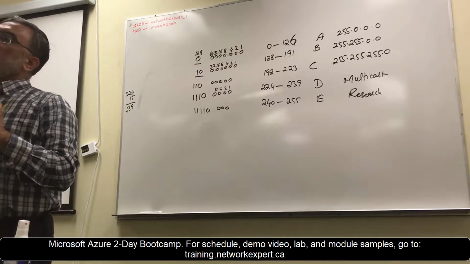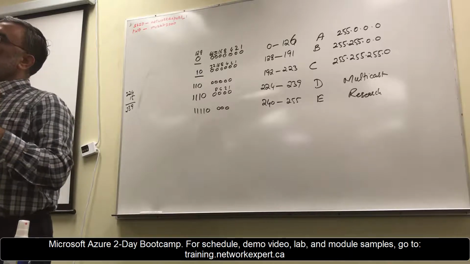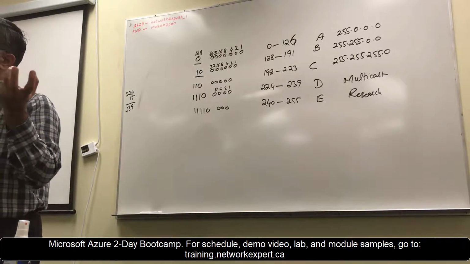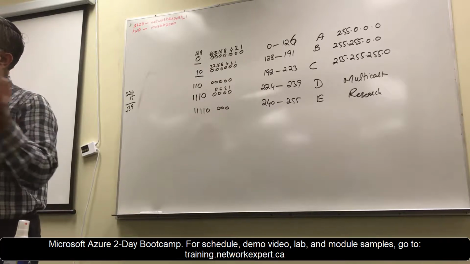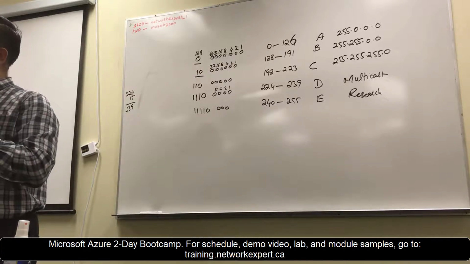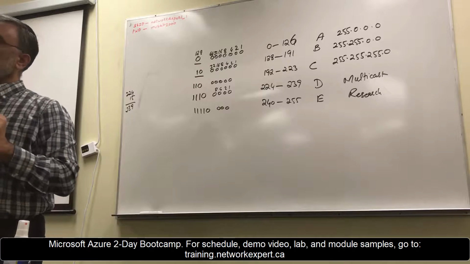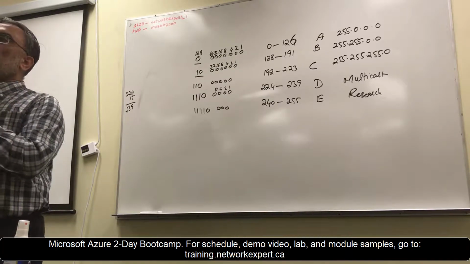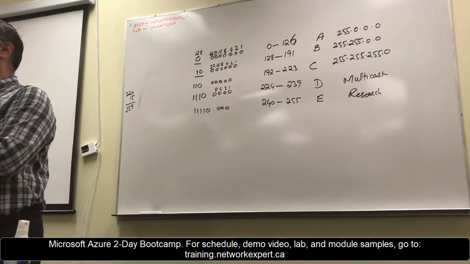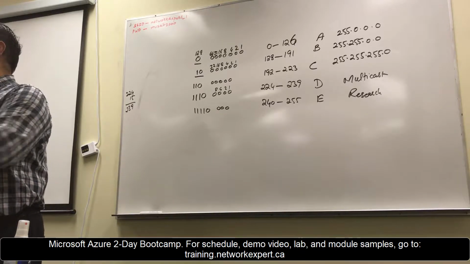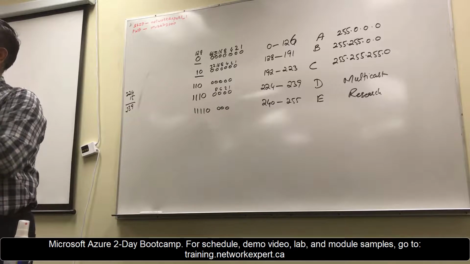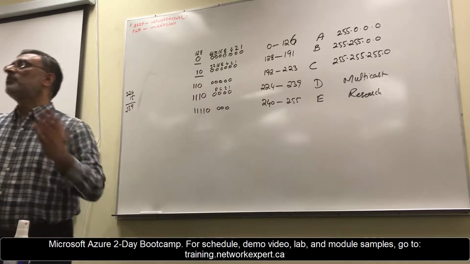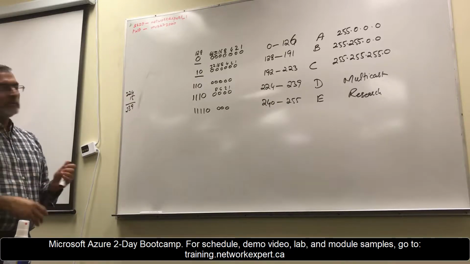I will give you an example for that, and at the end we'll talk about supernetting, where you take 4 or 5 addresses and squeeze them into one. Subnetting is taking one address and breaking it down into smaller networks. Supernetting or route summarization is taking 4 or 5 addresses and merging them into one. Okay, and I will also give you the reasons, in what circumstances both are beneficial.